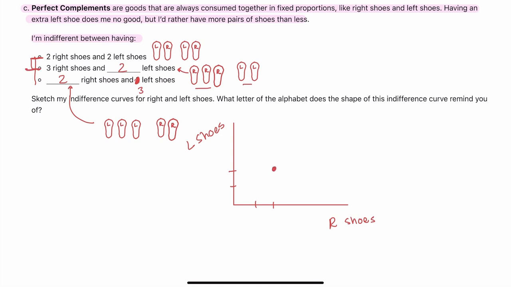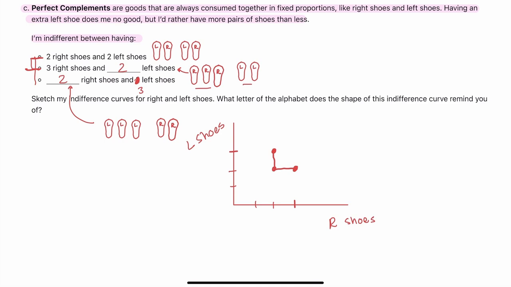And then 3 right and 2 left, 1, 2, 3 here. And then 2 right and 3 left. So I'm going to connect these lines, and it'll be like this.